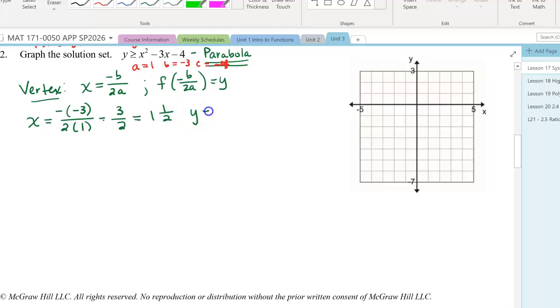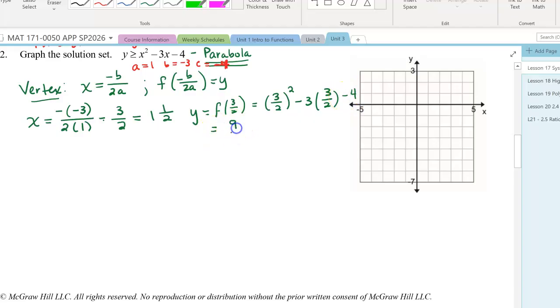The y-coordinate is going to be f of 3/2. So if I plug that in, I'm going to get 3/2 squared minus 3 times 3/2 minus 4.